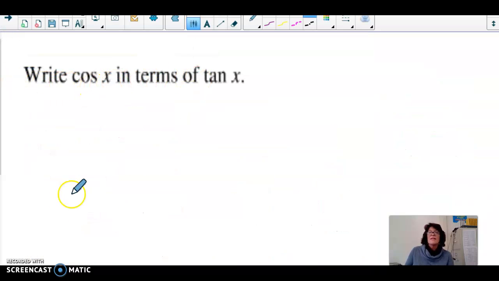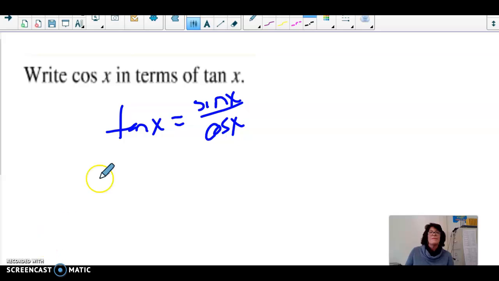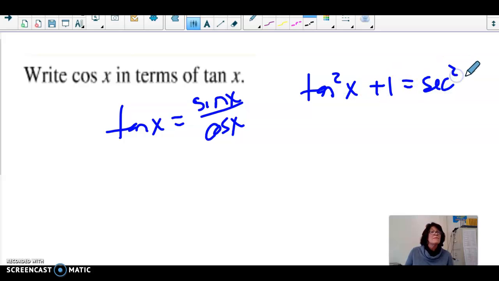Write cosine x in terms of tangent x. Well, I know that tangent x equals sine over cosine. That's something that we can go with. I also know that tangent squared plus 1 is secant squared, right? I'm trying to write cosine in terms of just tangent.